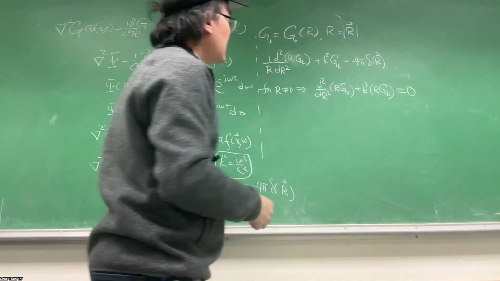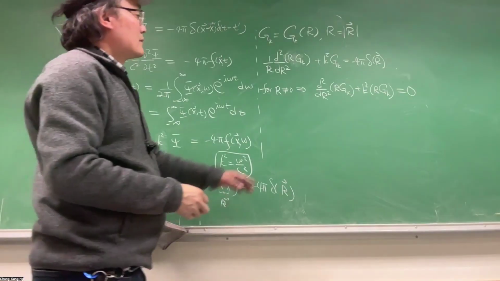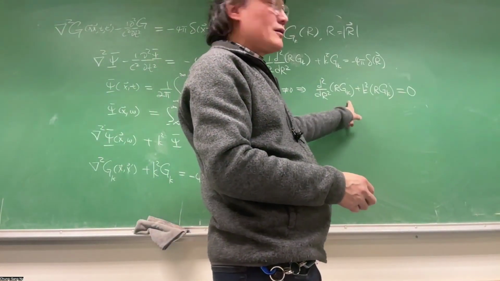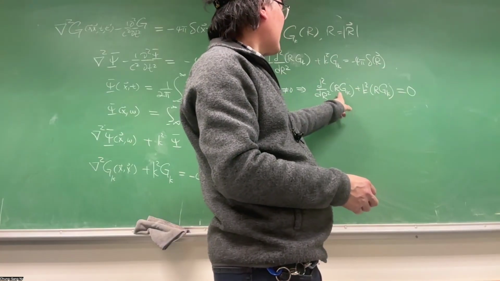So the form is like this. From this form, can you write down the solution for R times G?